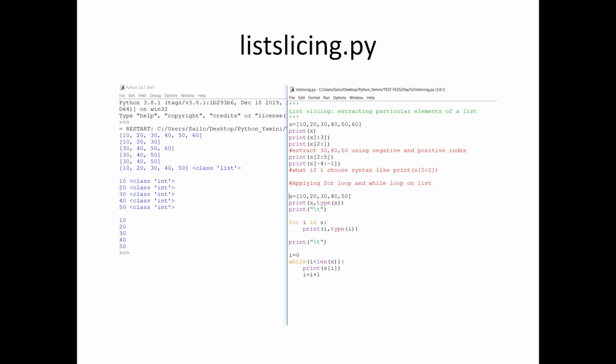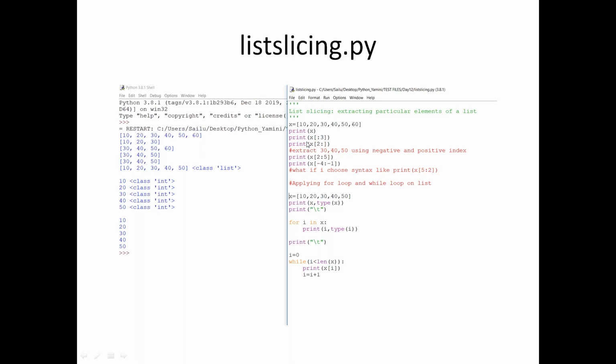So can I do list slicing, in the sense, nothing but sublist, in the sense, can be done by using index. So list slicing is nothing but extracting particular elements or sub elements, a subgroup you can say. So I have the list from 10 to 60 within the square brackets, and print of x, system is going to display the entire list.